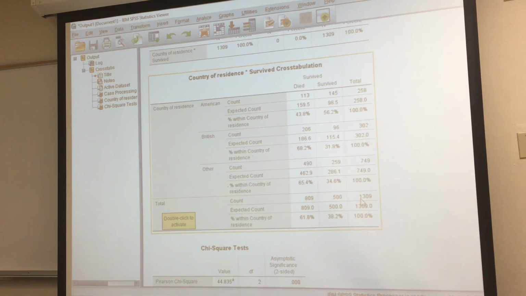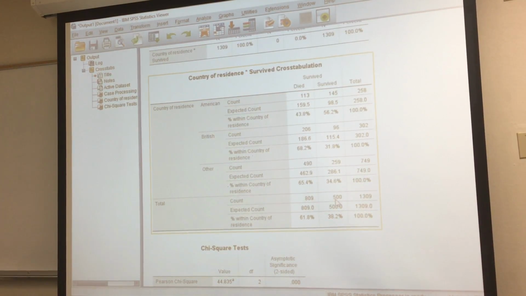There are 1,309 people in this data set, and 500 of them survived, but 809 people died. So that's the overall situation: about 800 people died and 500 people survived out of 1,300 people.